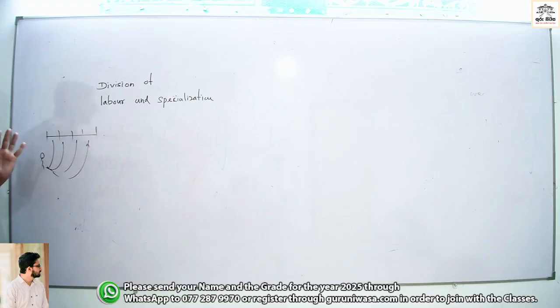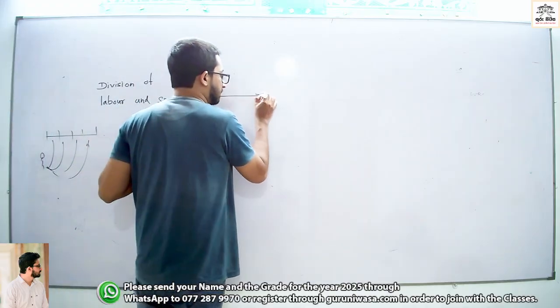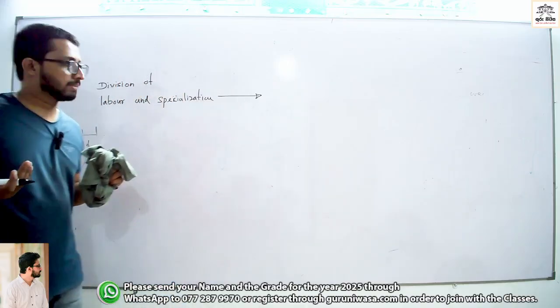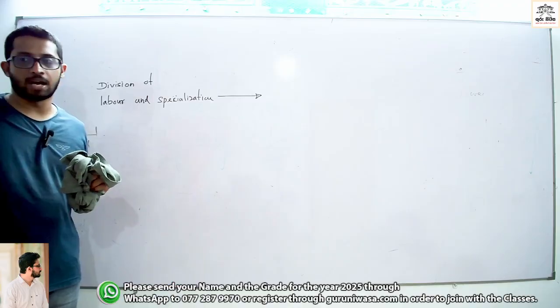That's a very productive and efficient production technique, which was introduced by Adam Smith. Division of labor and specialization makes the production process very efficient and productive.